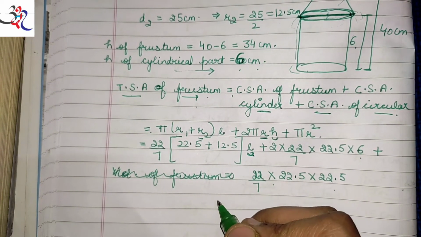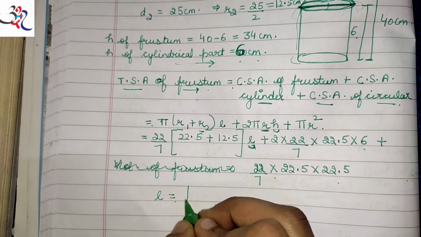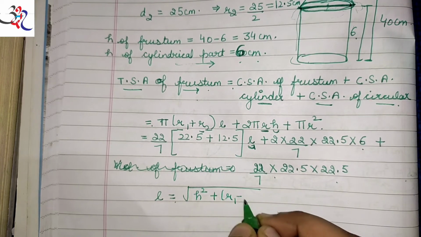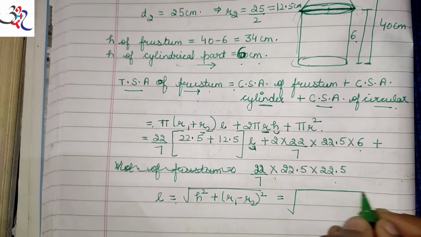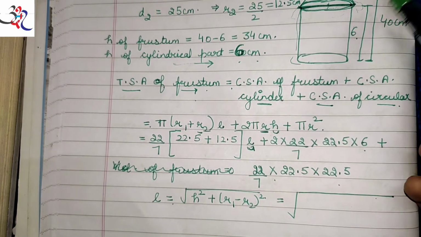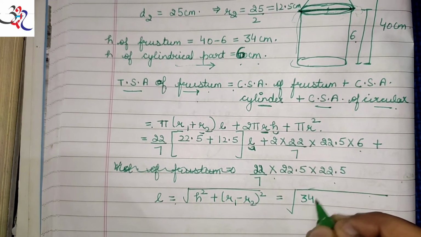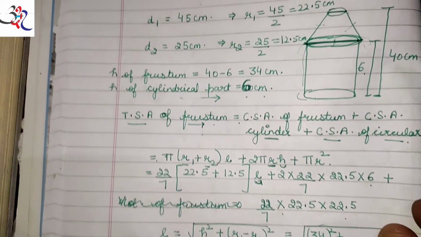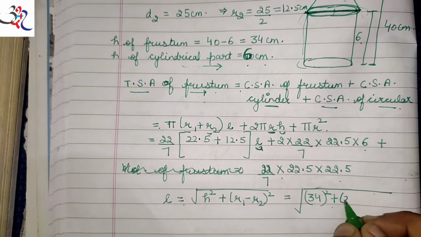Now in this formula we do not know the value of L. So let's first find the value of L and then we will find our final answer. L is given by the square root of h square plus (r1 minus r2) whole square. We know that the height of the frustum is 34 centimeters. R1 is 22.5 and R2 is 12.5.